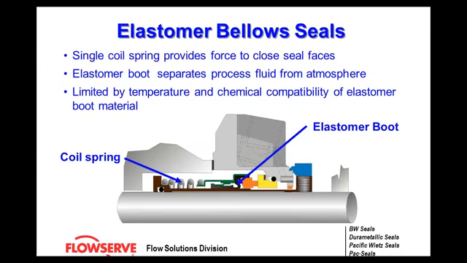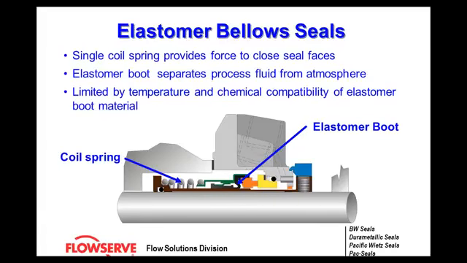Elastomer bellows. This is a variation of the two. The elastomer bellows are a pusher seal. They are a variation of pusher seal. You have the coil springs, which apply the closing force. And then you have an elastomer boot. The elastomer boot, again, separates the process fluid from the atmosphere. And it is limited to the temperatures and chemical compatibility.